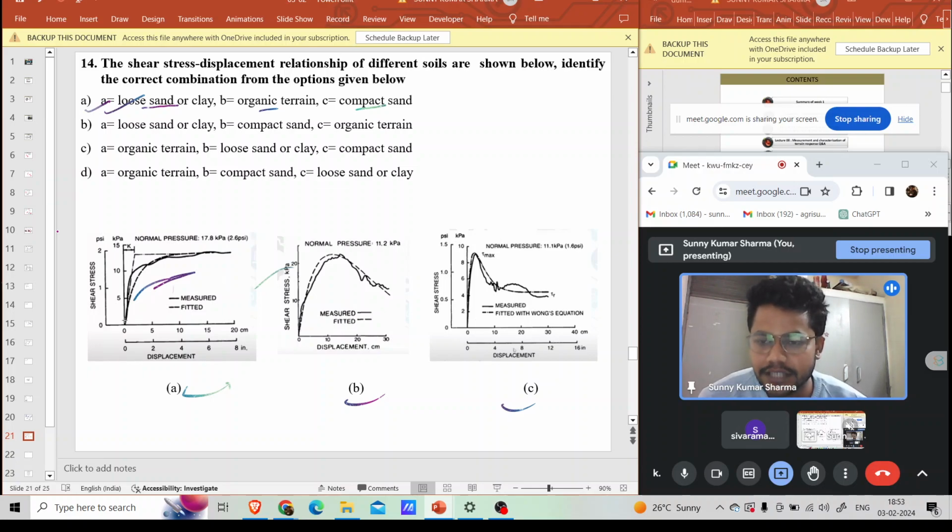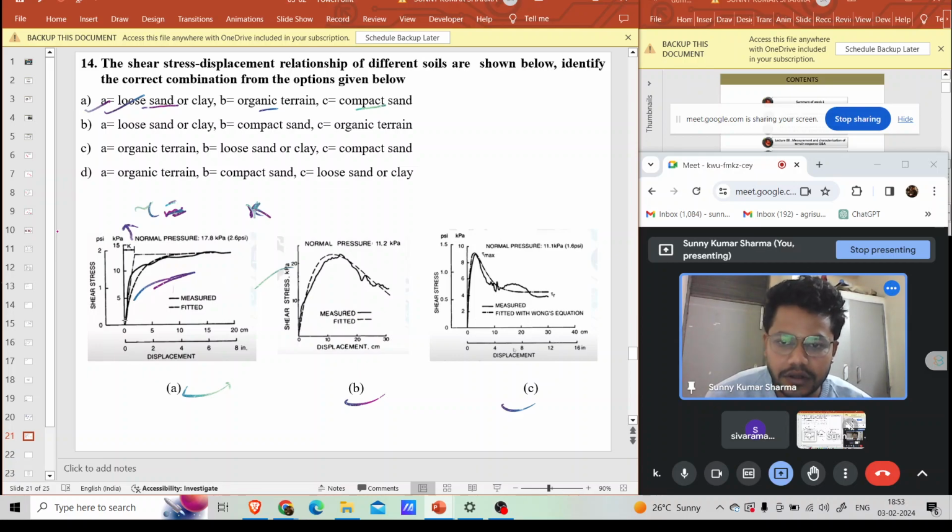The thing here is that there are too many formulas written there for what will be the shear stress developed by the soil. You don't have to remember those formulas. You just have to know the curve. These curves show how they are performing. For loose soil, this K is nothing but the shear modulus of deformation in all these cases.